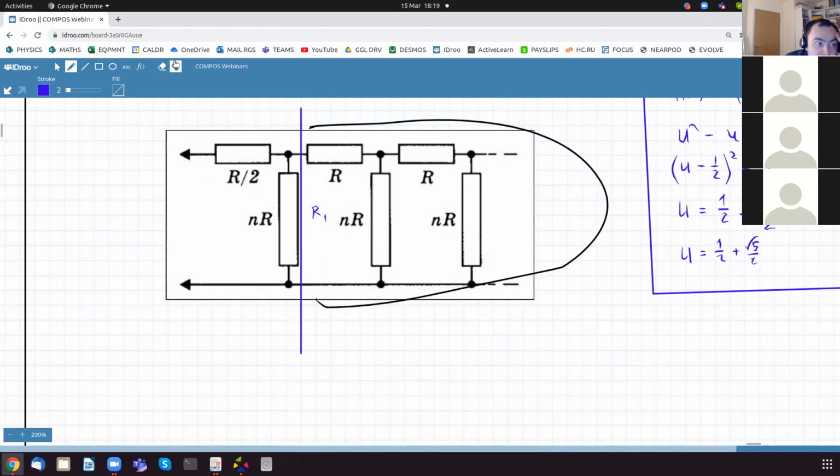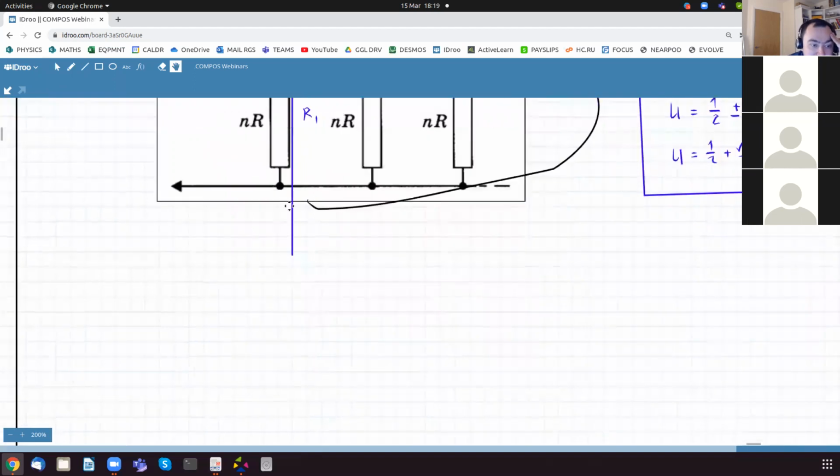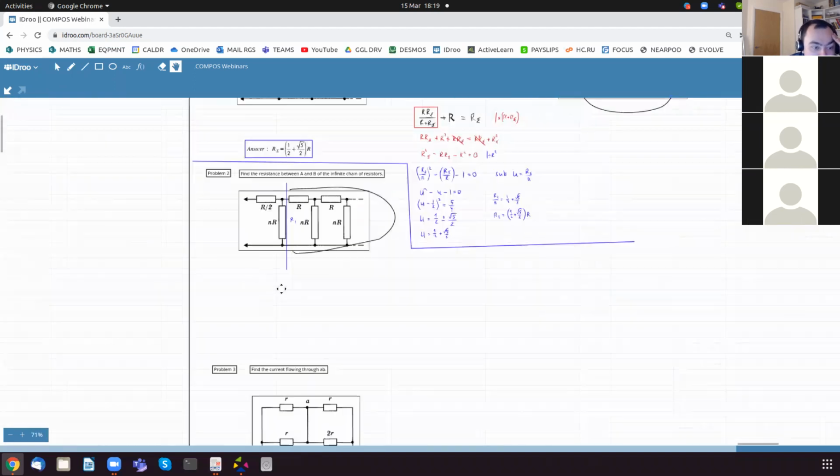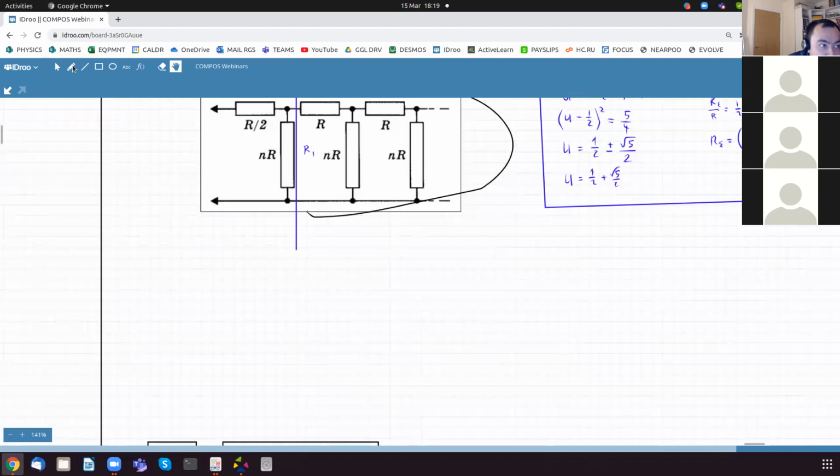So we can rewrite this chain, this combination with R over 2 and R and R1.